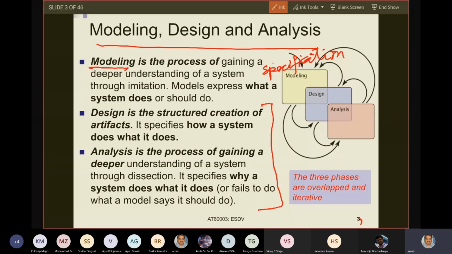So what is design? Design is the structured creation of artifacts. It specifies how a system does what it does. That means that given the model or the specification, you don't tell how that system is going to be implemented. You just tell what that behavior should be. Now to get to that how, you need to have code corresponding to the specification.